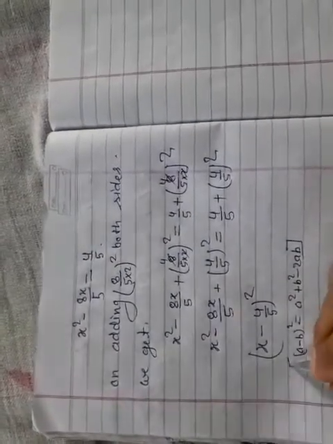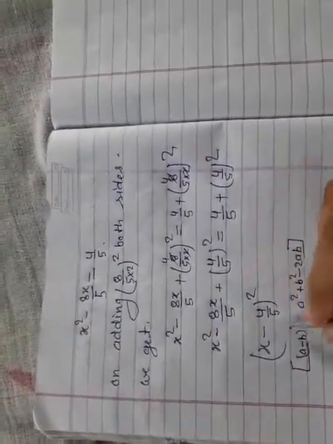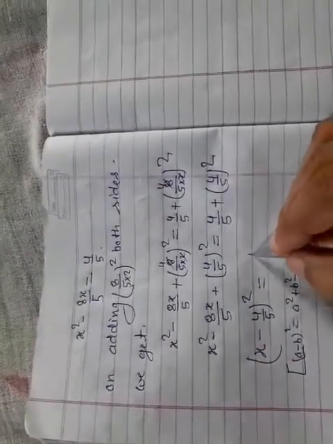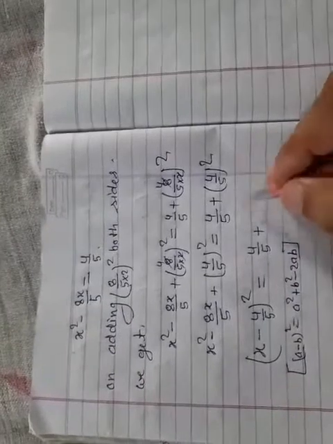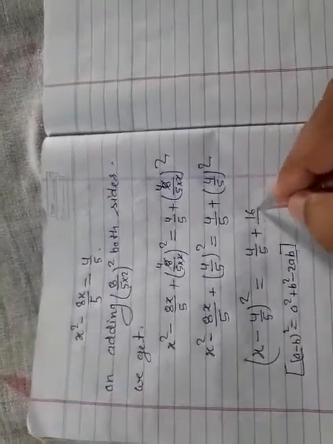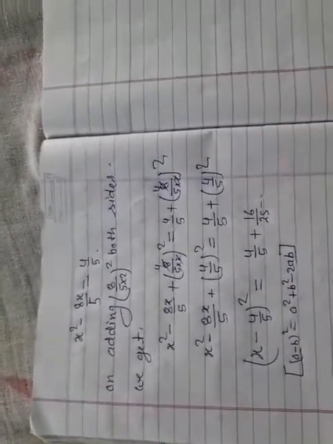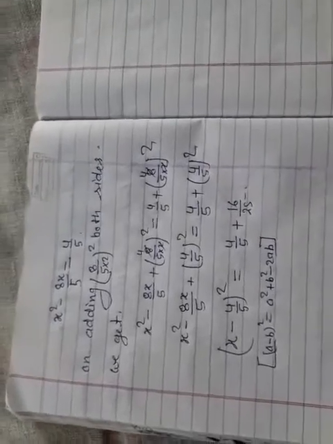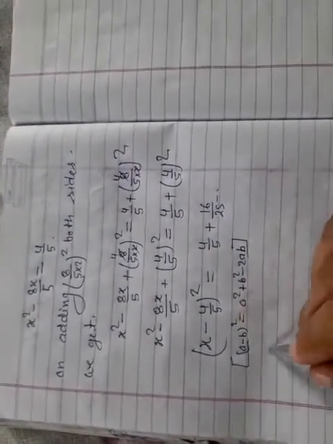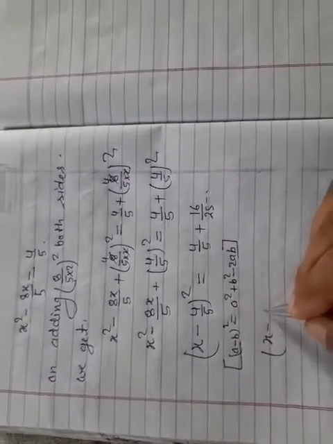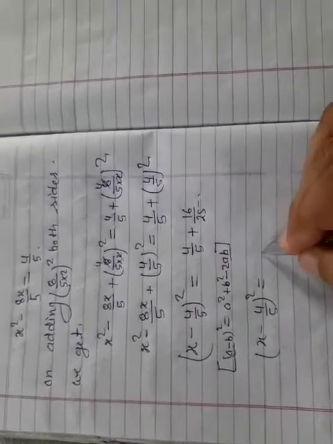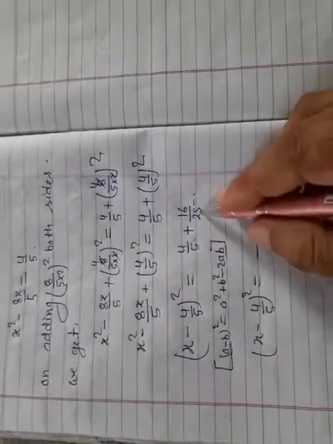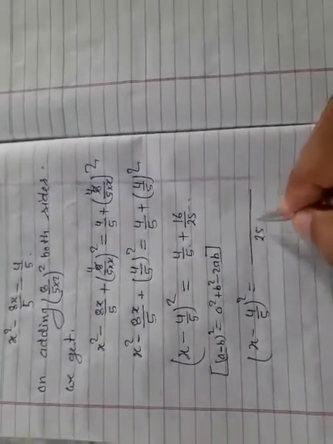Now the remaining part: 4 by 5 plus, four fours are 16 by 25. Now find x minus 4 by 5 whole square. Here the LCM of 5 and 25 is 25.